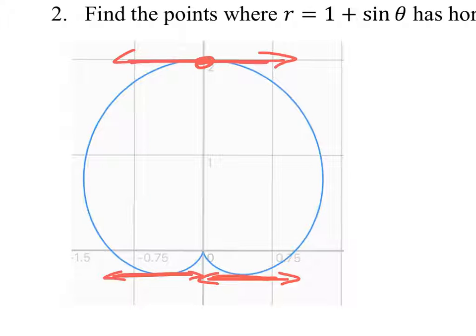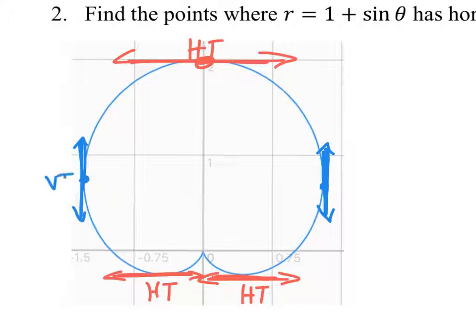It's just they're going to intersect the graph at two different locations. So these are all horizontal tangents. Then I have two vertical tangents, so I'm just ballparking it, right around here and right around here. So these are vertical tangents.